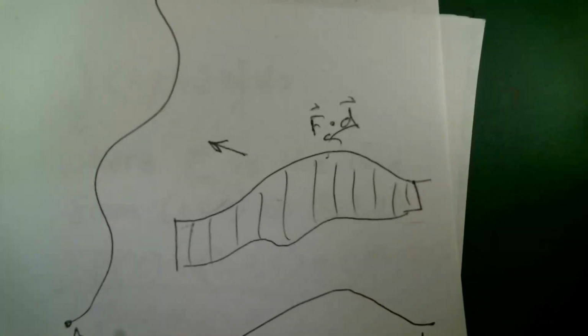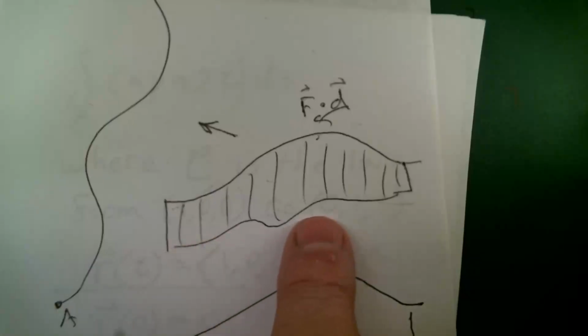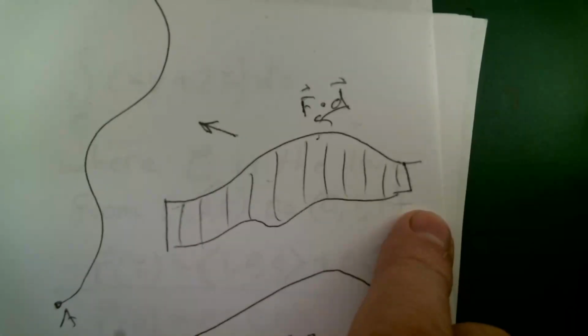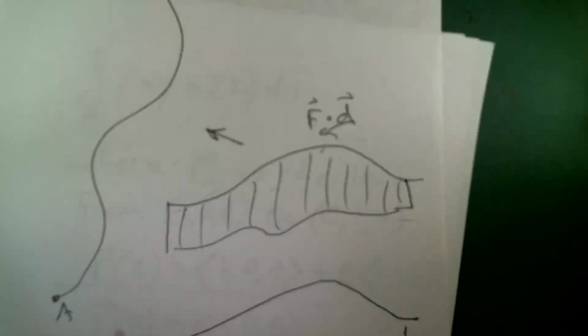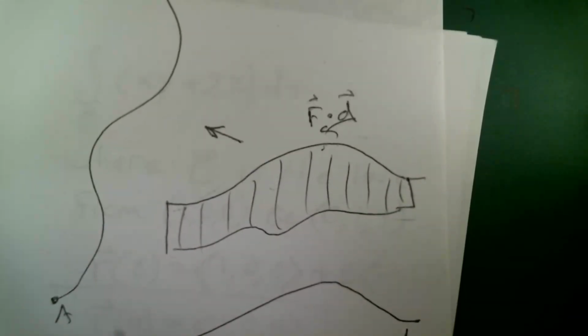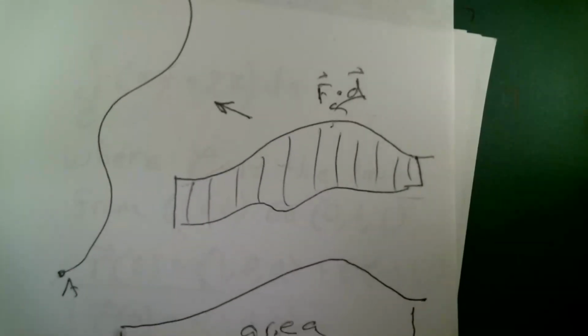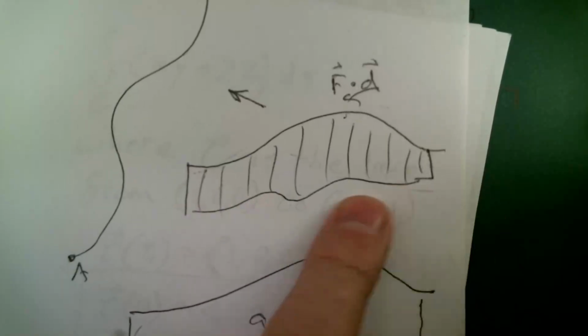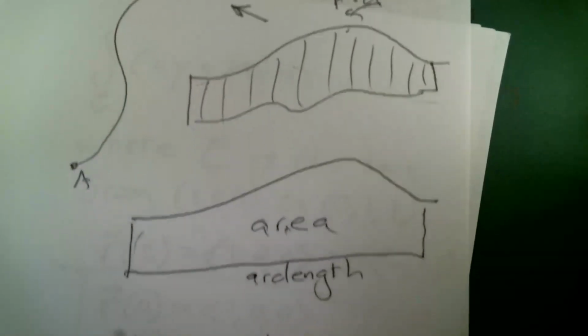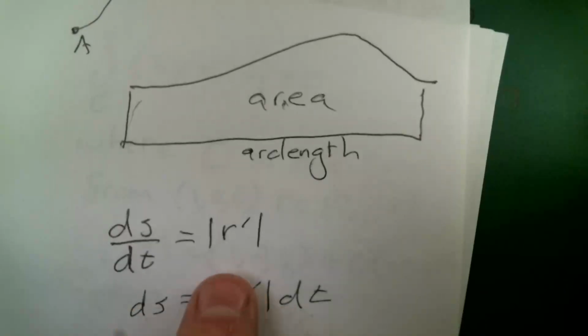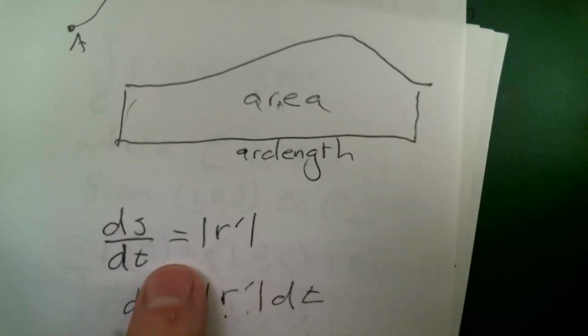When I integrate along my wavy wall with respect to arc length and get the height of the thing, getting the area of that wavy wall, it kind of doesn't matter whether I worked from this end to that end or vice versa. And the main reason that it doesn't matter is because we used absolute values around r prime here. We're just working on speed, and we're not caring about its direction.